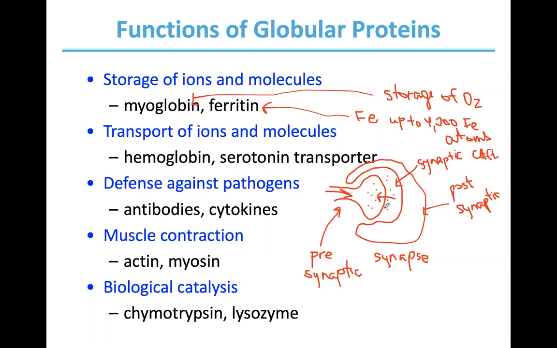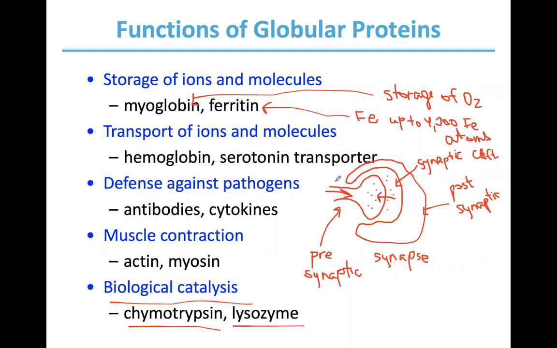Okay, defense against pathogens. So antibodies are globular proteins, cytokines, muscle contraction, actin, myosin, biological catalysis, chymotrypsin, lysozyme. So a lot of different globular proteins performing a variety of functions.